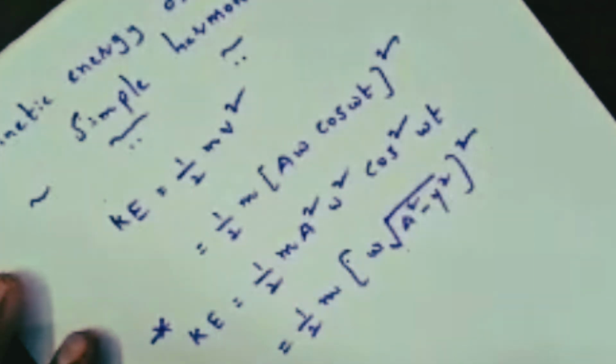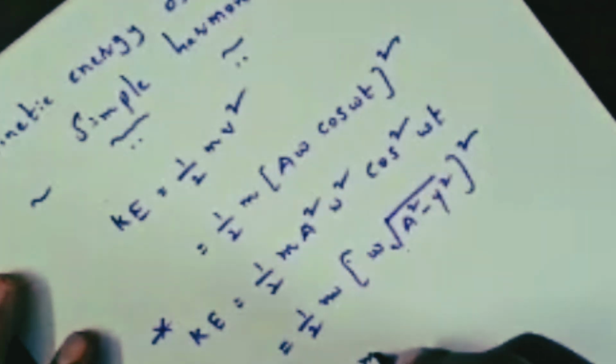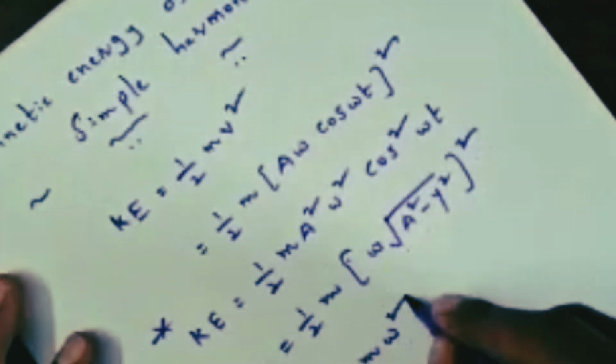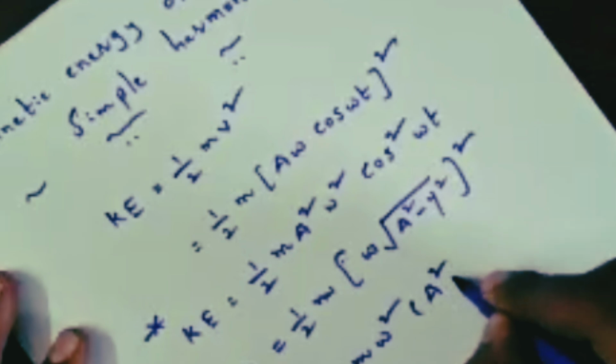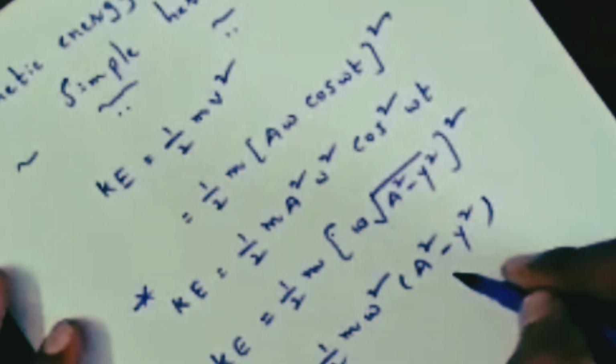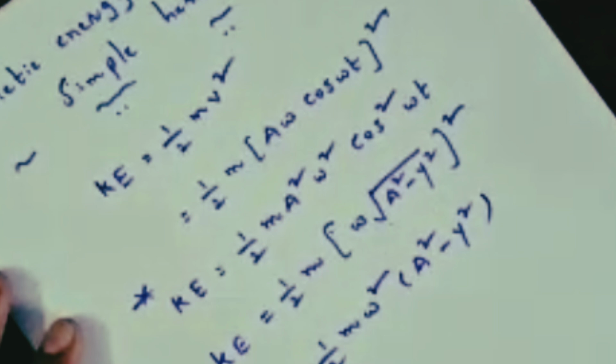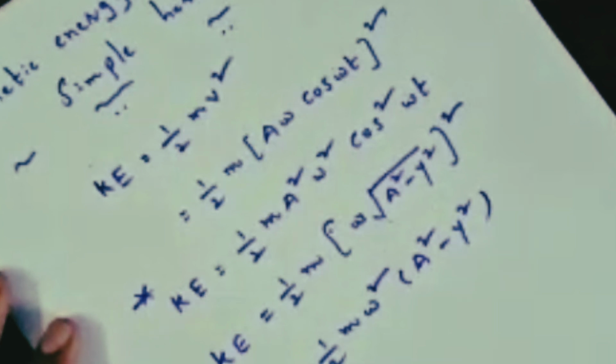Then KE is equal to half m omega square, and the square root and square get cancelled, a square minus y square. This is another formula of kinetic energy of simple harmonic oscillator: half m omega square into a square minus y square.